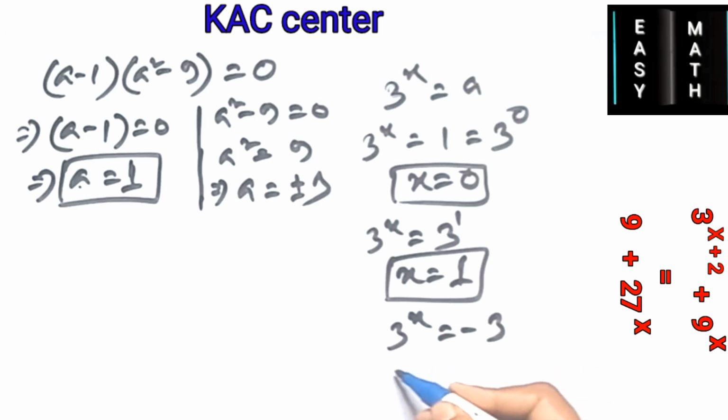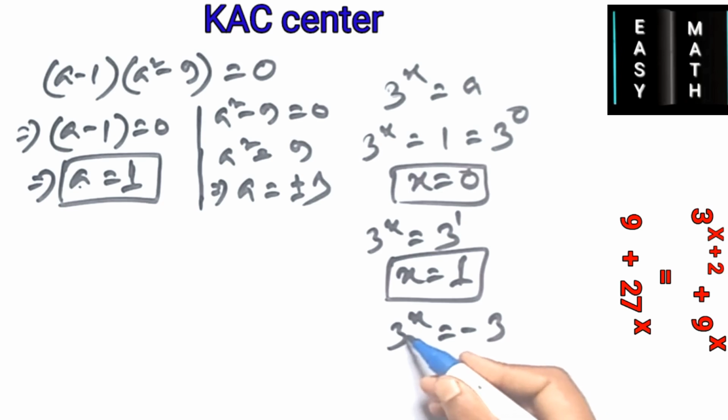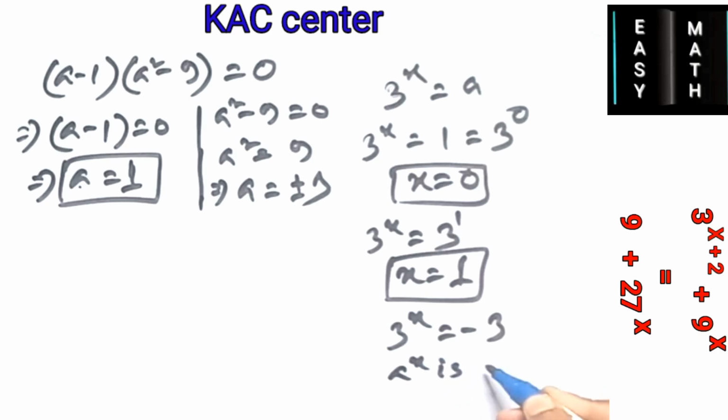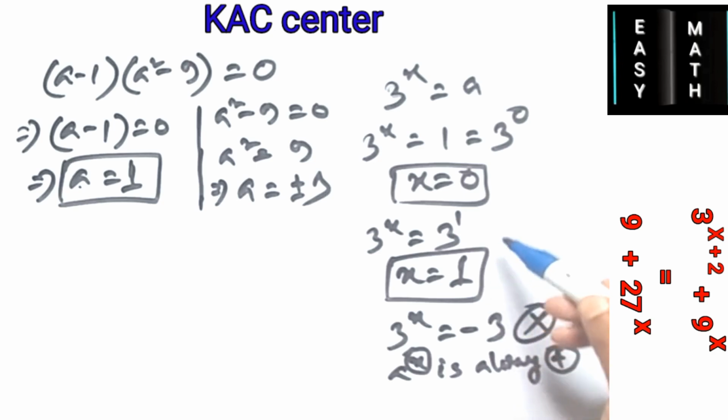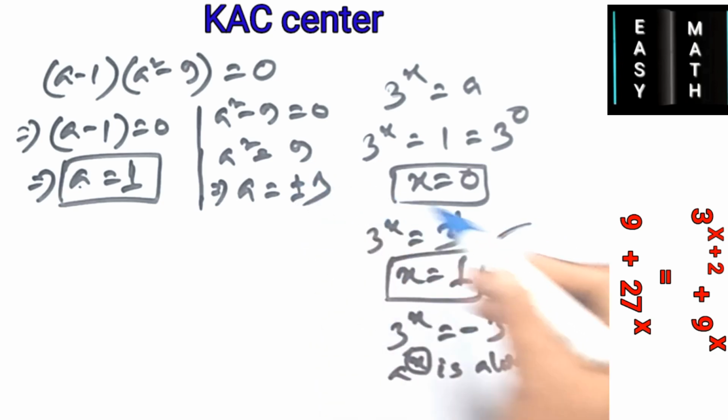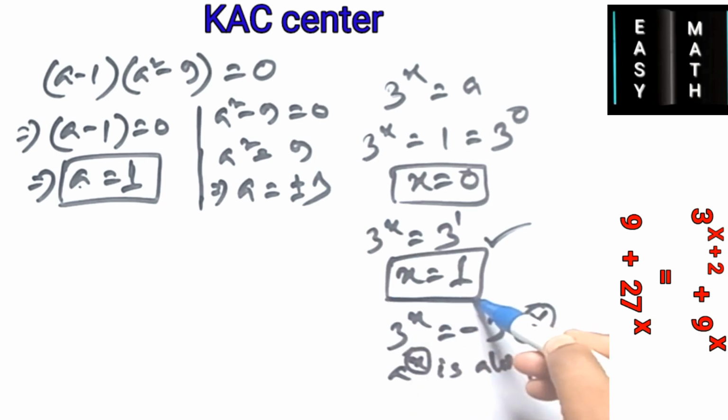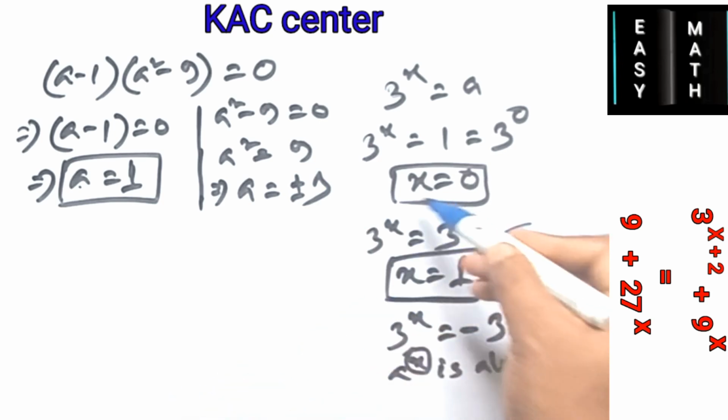There, any power of 3 is always positive, but here there is a minus, so there is no real number. So this term is cancelled, only the plus term is taken, so x is equal to 1 and x is equal to 0.